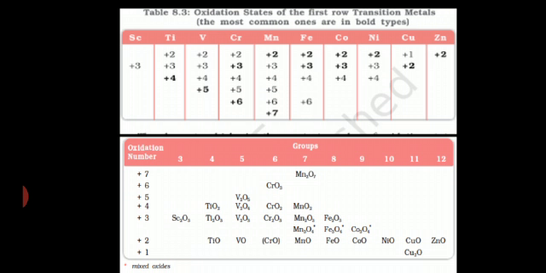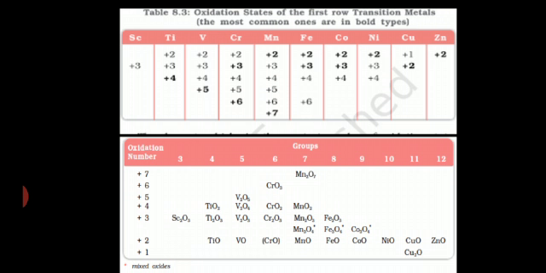The more negative or less positive the value of E° (Mn+/M), the greater is the stability of the element in the +n oxidation state. This is about the electrode potential, which you studied in electrochemistry.